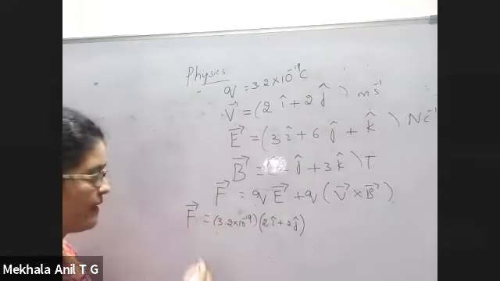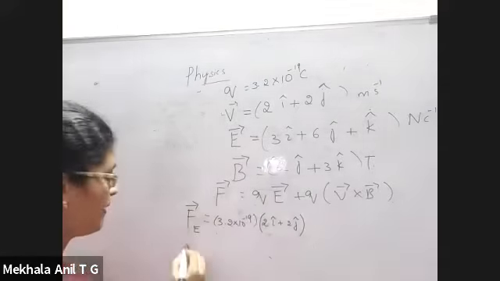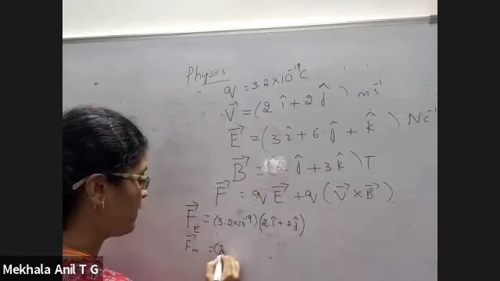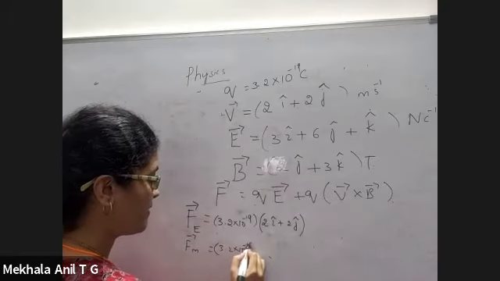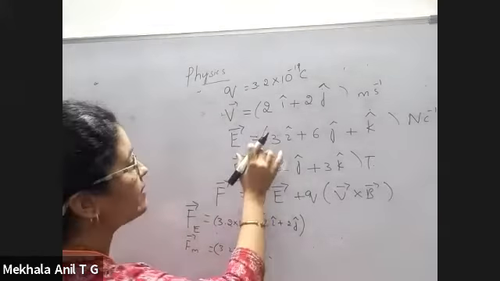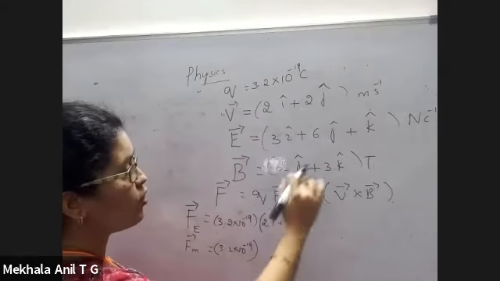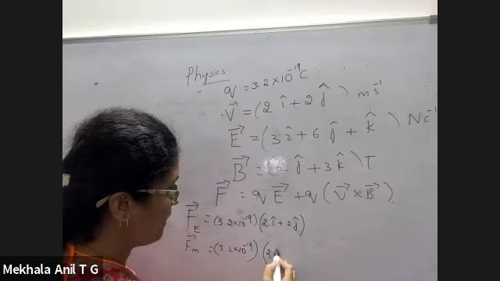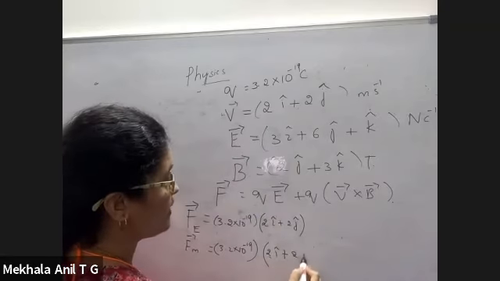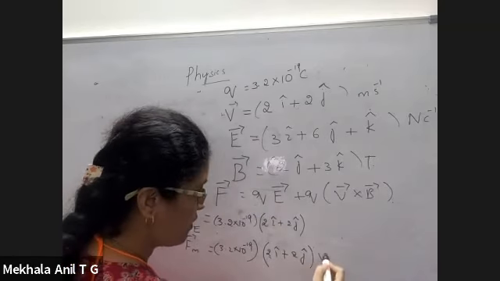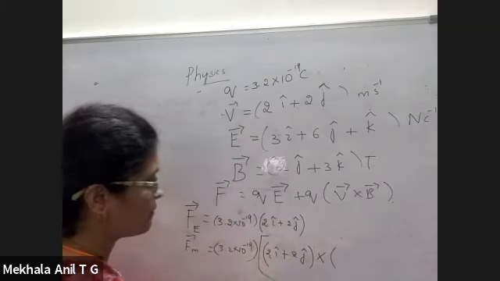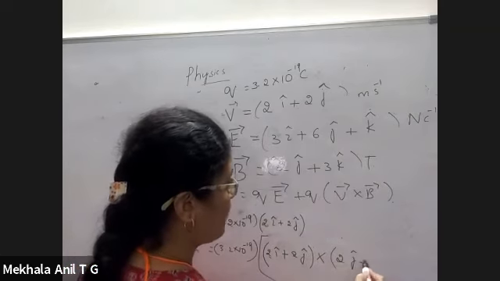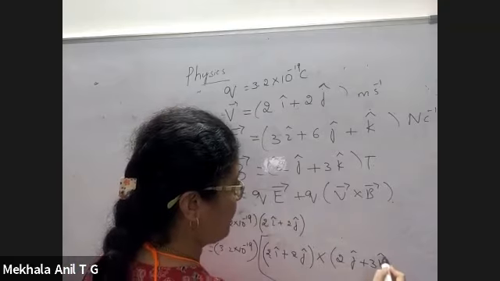This is QE. Okay, I will write FE. FM is equal to 3.2 into 10 power minus 19, here V cross B, that is V, 2i cap plus 2j cap, into the cross product of the magnetic field 2j cap plus 3k cap.